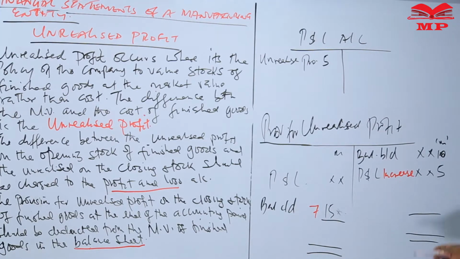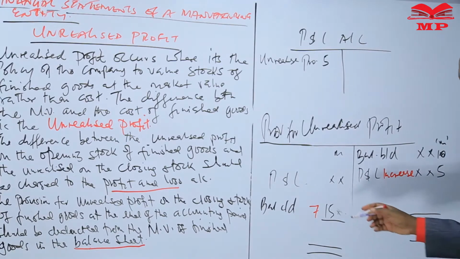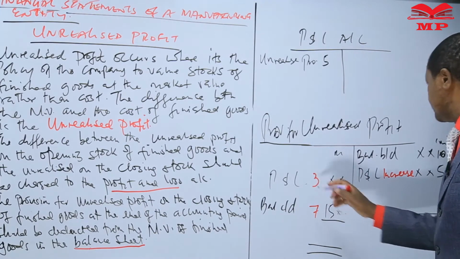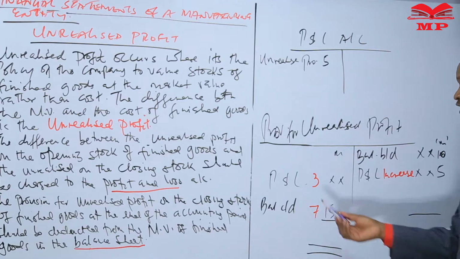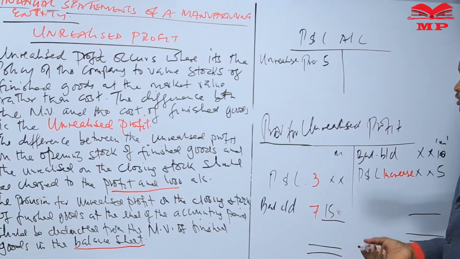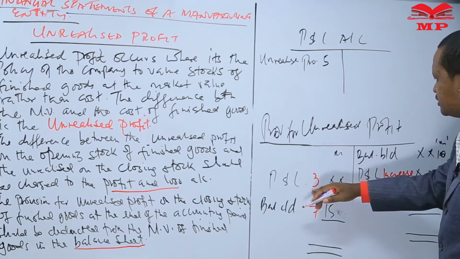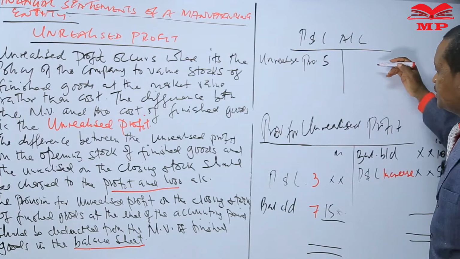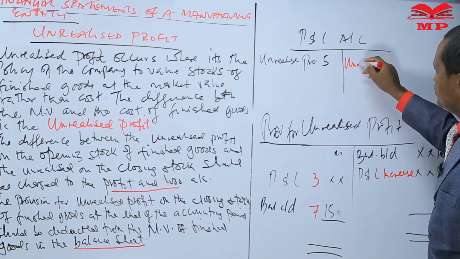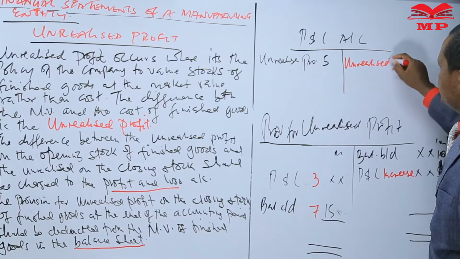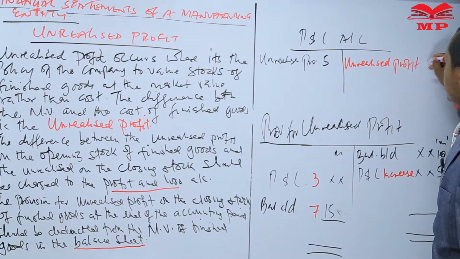So you see the balancing figure will appear on this side of 3 million. So the double entry will be to debit the provision for unrealized profit and credit the profit and loss account, unrealized profit 3 million.